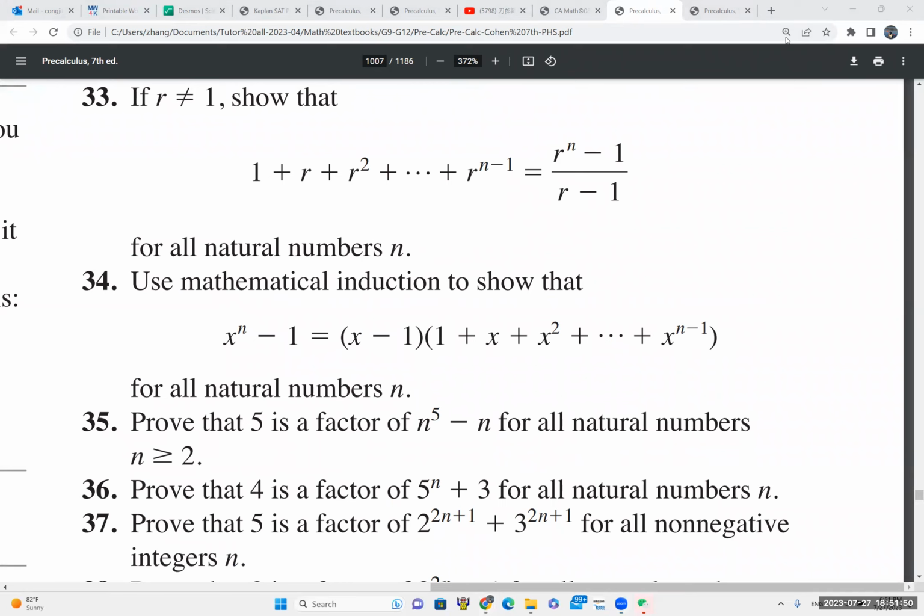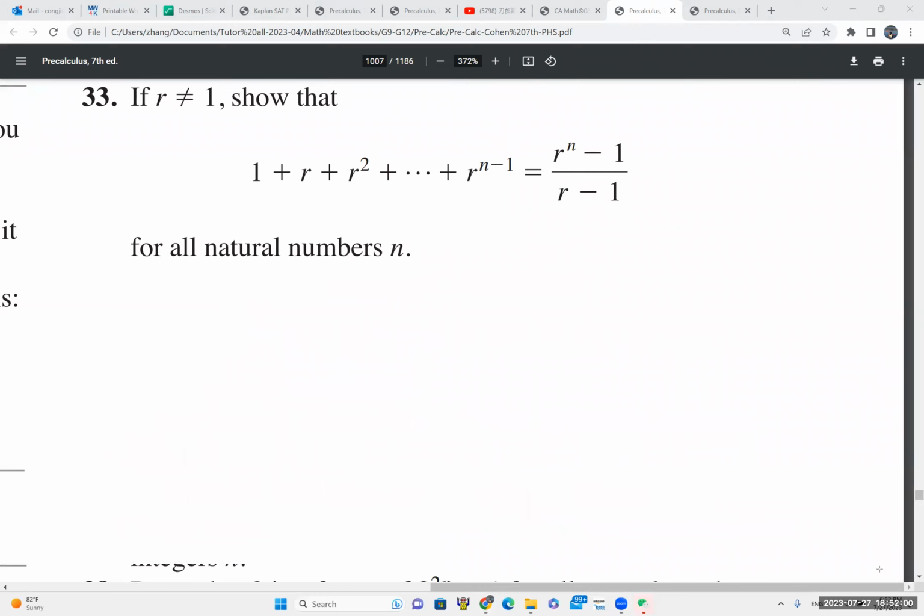Yeah, how should we do it? I'm not sure. I don't really have any idea. Okay, I suppose it means you try if n equals 1 or n equals 2. Anyway, if n is 1, what does n here mean?